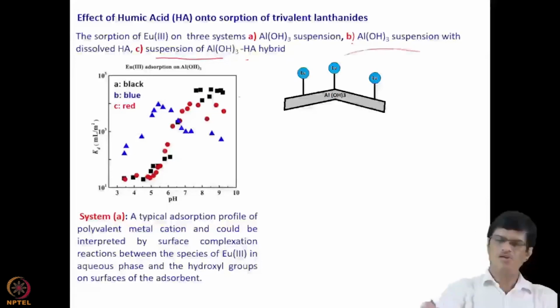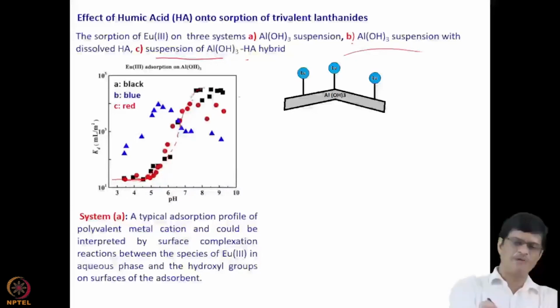As shown in this figure, europium 3 will form a complex with aluminum hydroxide at a pH value greater than the pZc value. The black points are representative of this case A. You see that initially the uptake is not there, but beyond pH 5 there is a slow increase in uptake, and then some sort of saturation is reached beyond around pH 7.5.